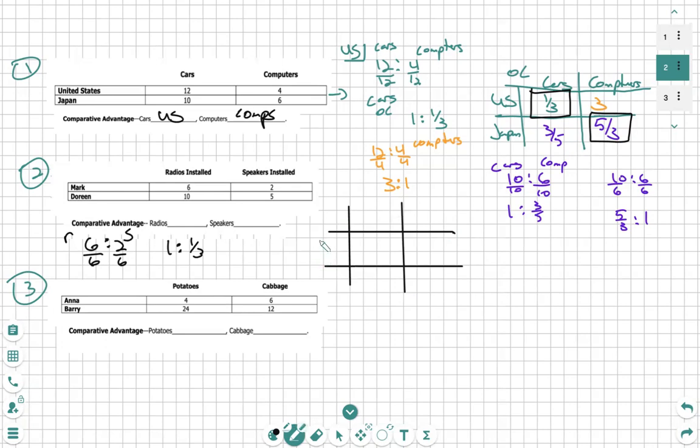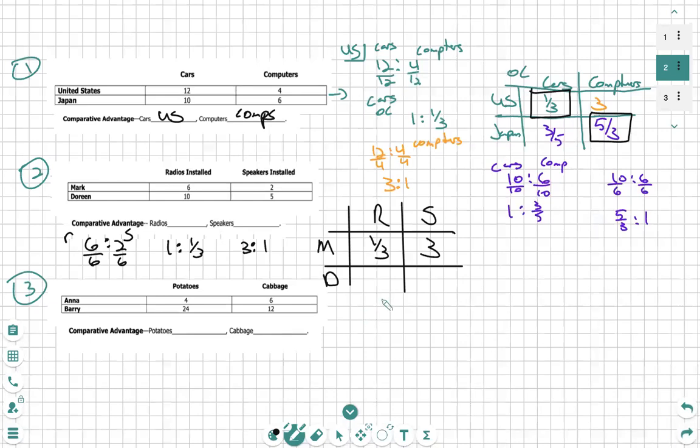So we have Mark, Doreen, radio, speakers. The opportunity cost for radios is 1/3. We do it again, divide both by 2. We see opportunity cost for speakers is 3.